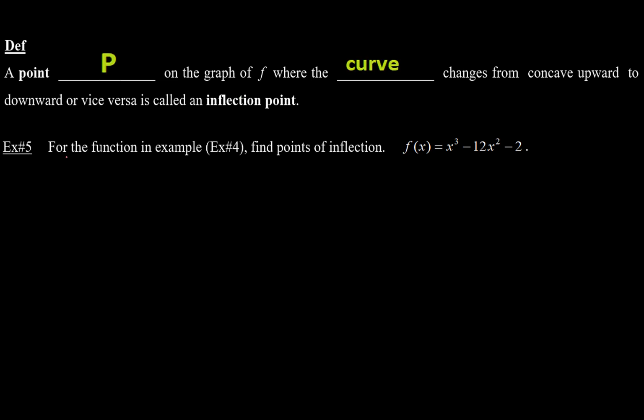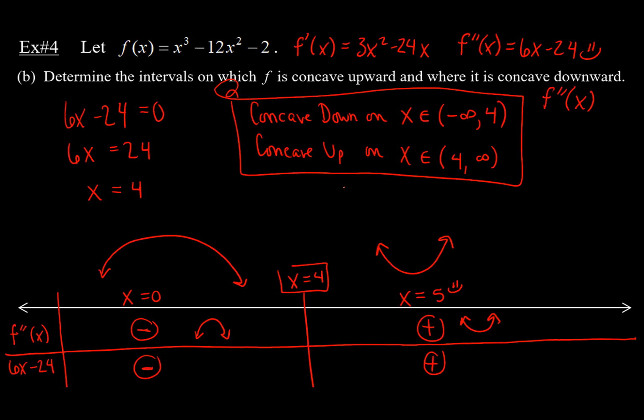So for the function that we just had in example 4, let's find the points of inflection. Okay, so this is where f double prime of x changed signs. So let me just flip back to it.